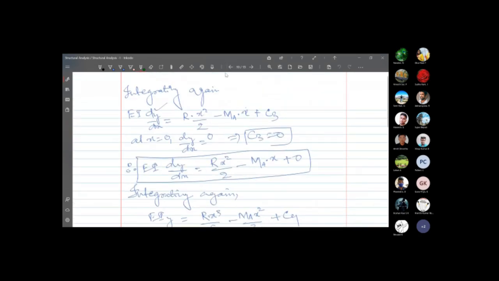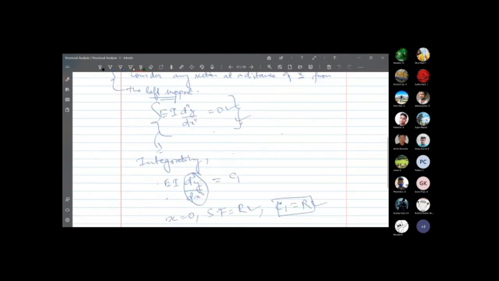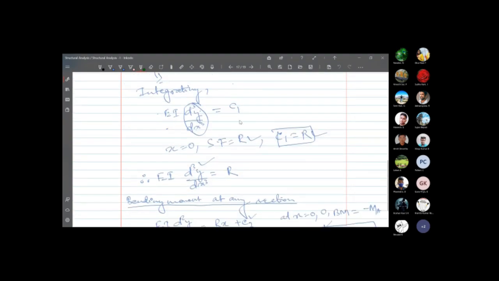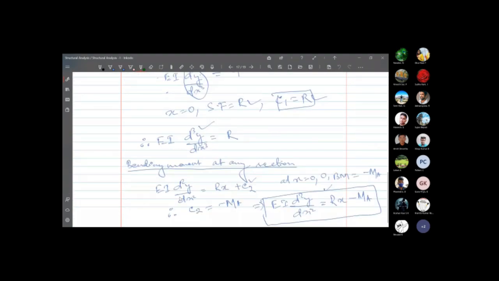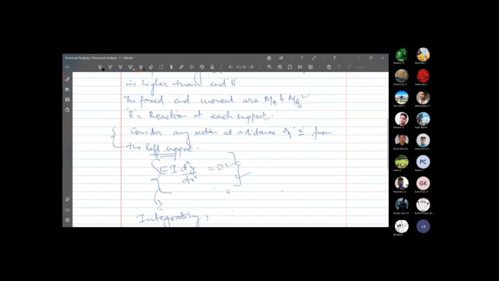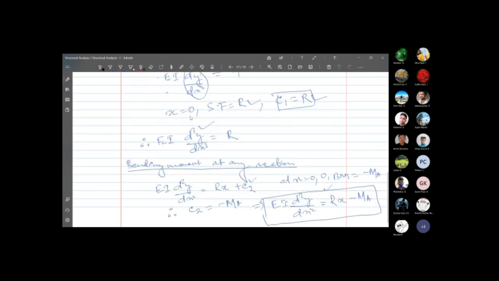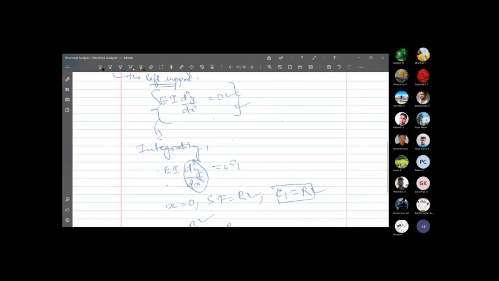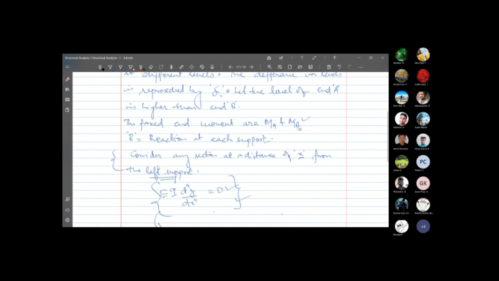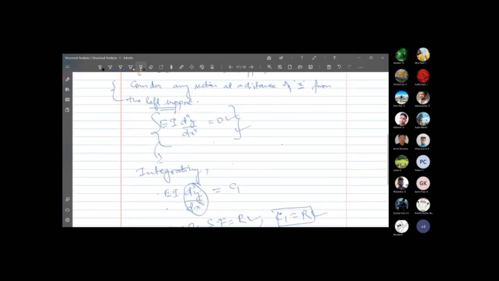EI into d square y by dx square. I think you have joined late. Here I directly went to this part in the beginning. That's why I thought you guys would know this relation.